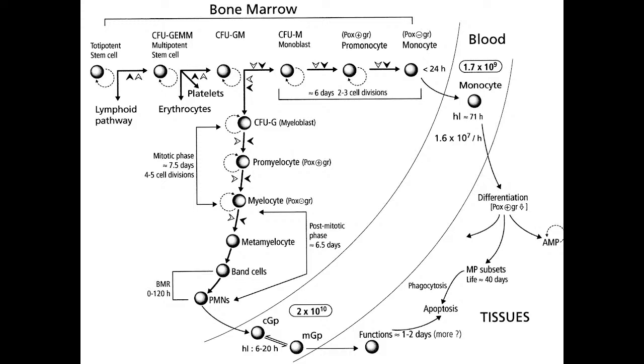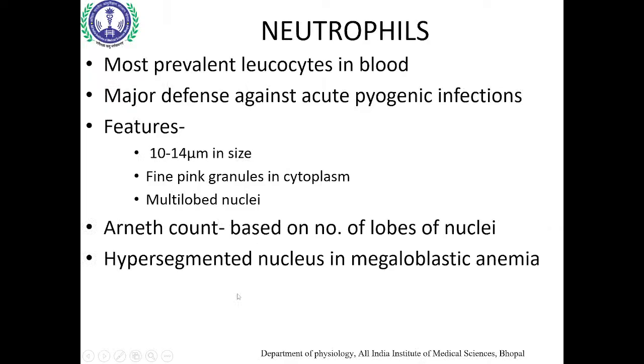This slide was included just to show you that how this differentiation proceeds forward. Like we have the colony forming units for granulocytes as well as monocytes. So they have divided that this will be forming only the monocytes for the monoblast it has formed, and it will move ahead to form the monocyte, right? While the granulocytes are divided further into the neutrophils, eosinophils and basophils lineages, right? So this was only to let you know that.